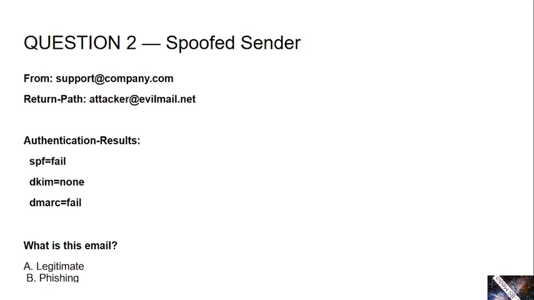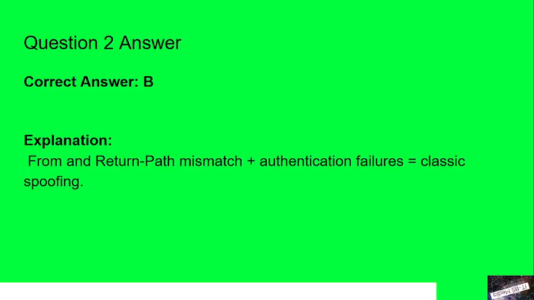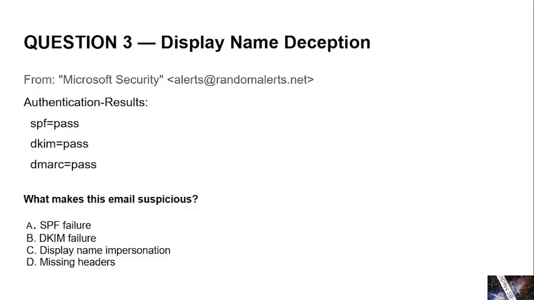What is this email? Legitimate or phishing? Choose your answer, option A or B. Okay, the answer is B. From and return paths mismatch plus authentication failures. The classic spoofing.